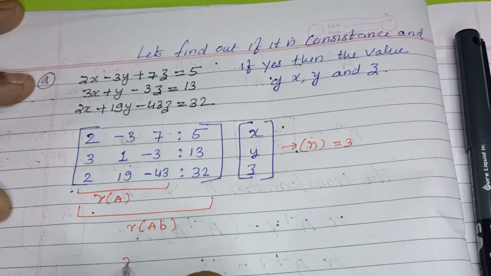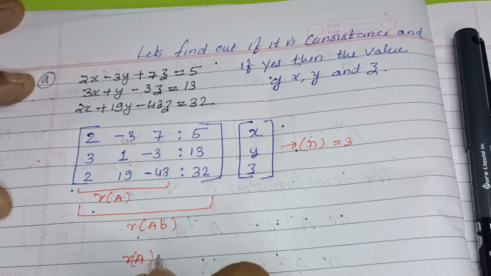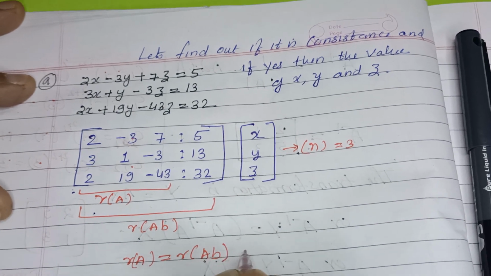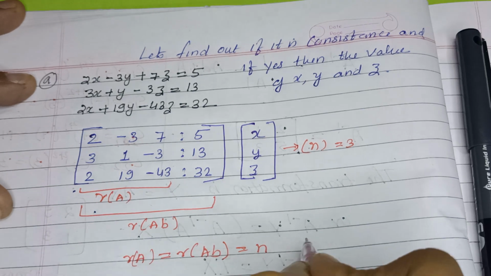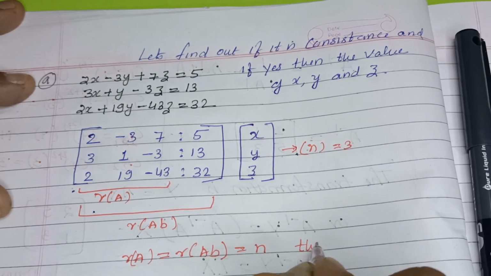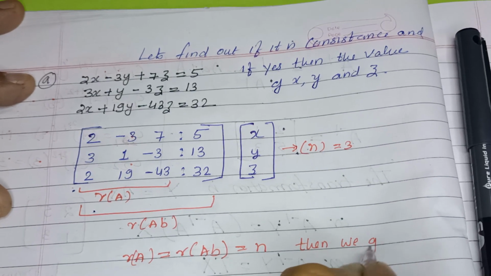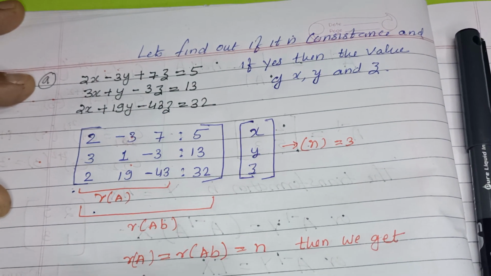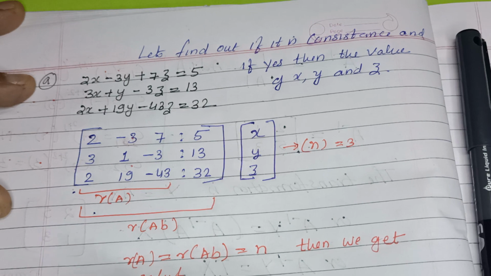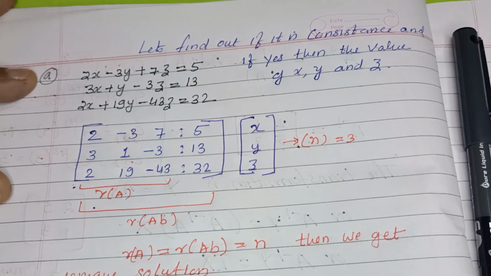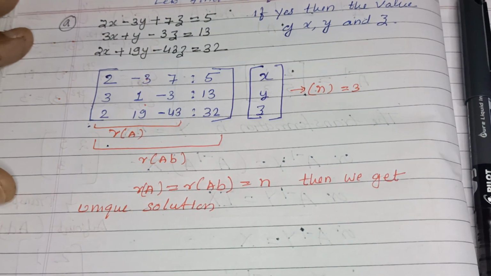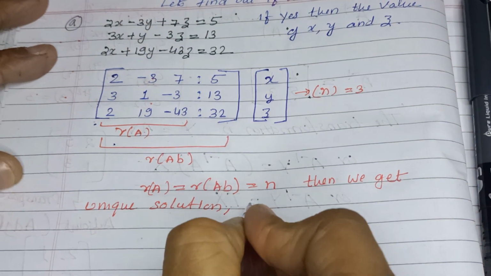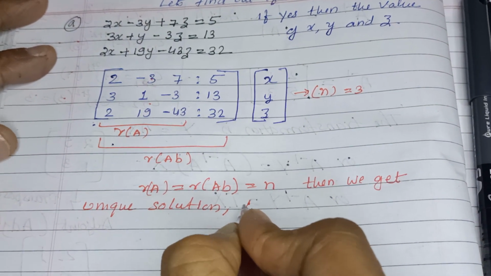So if rank A is equal to rank AB, which is equal to n, then we get a unique solution, and the equation is consistent.